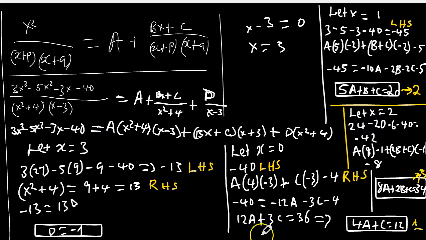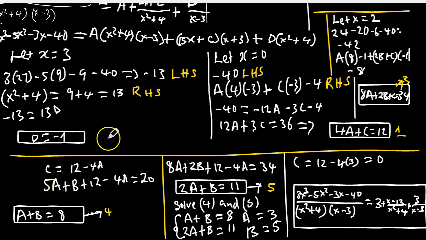Let's proceed and do that. I will try to shrink this as I solve that. Looking at c, we have 12 minus 4a. Remember, from equation 1, 4a plus c is equal to 12. So simply make c the subject, so that we have this, and then by simplifying, we have 5a minus 4a gives us a, then plus b is equal to 20 minus 12, 8.